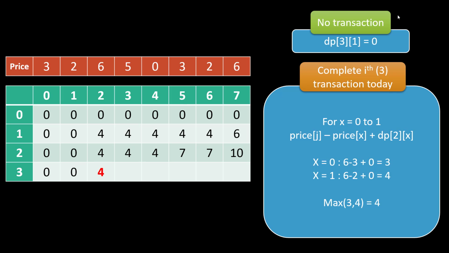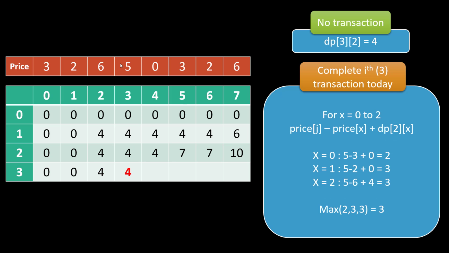So if no transaction, this is going to be the previous answer, or completing a transaction will mean that I am selling on this, which means I bought on any of the previous days. Over here, this is going to give me a profit of 4, which is being considered in this sell value.